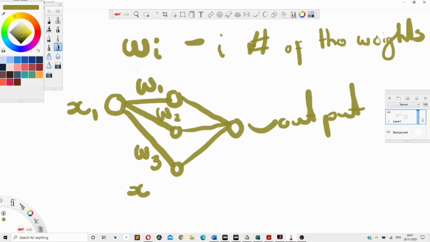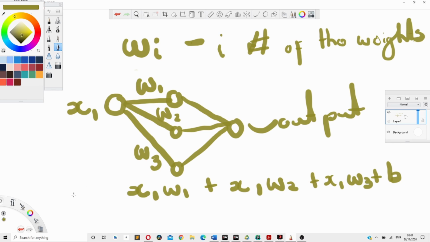So it's going to be x1 w1 plus x1 w2 plus x1 w3 plus b. This gives us the output, which is y in our case. So our output y is equal to w1x1 plus w2x1 plus w3x1, since I was focusing on only one input, right?